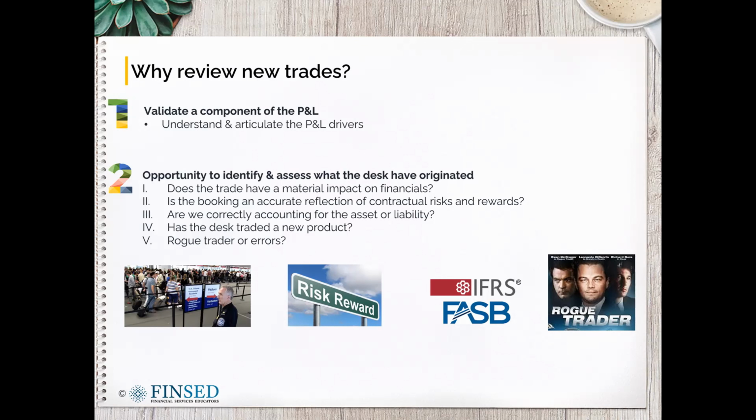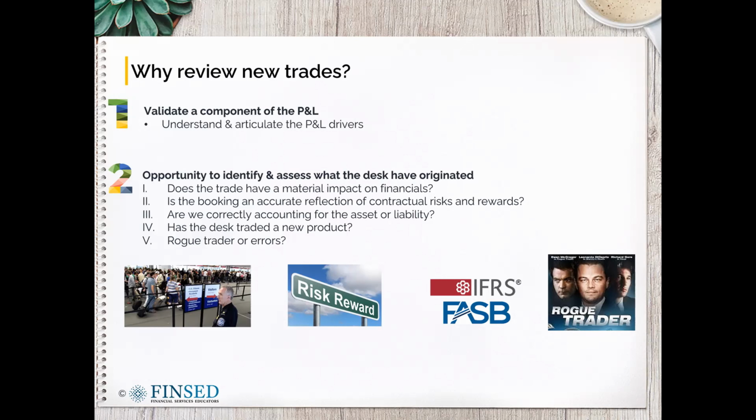Number three, we want to make sure that we're correctly accounting for the asset or liability. So that means thinking about, have we met the recognition criteria? Are we classifying and measuring the asset or liability correctly? So from an IFRS perspective, when you think about amortized cost, fair value through the income statement or fair value through other comprehensive income.